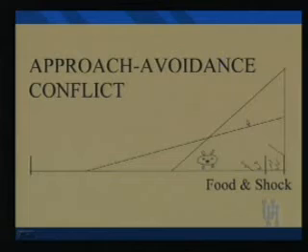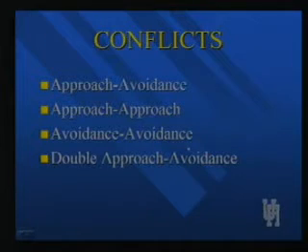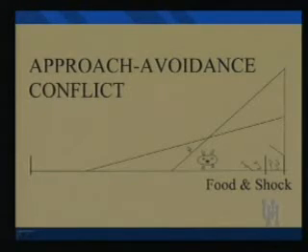And if it goes forward towards the food, the shock avoidance will keep the animal from going further, and the animal will go back, and what you get is an animal who will oscillate at that point of equal gradients. We'll want to go forward, but then we'll be afraid and we'll go back.